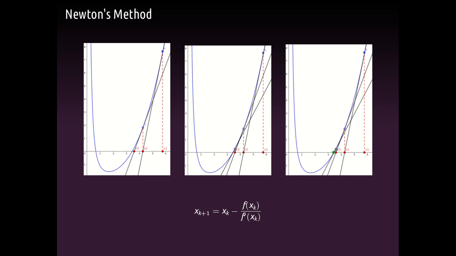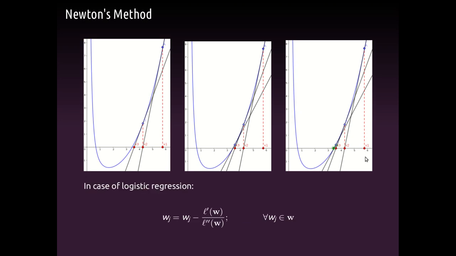And in our case, the case of logistic regression, the function that we're trying to minimize is actually the first derivative of the log likelihood function.